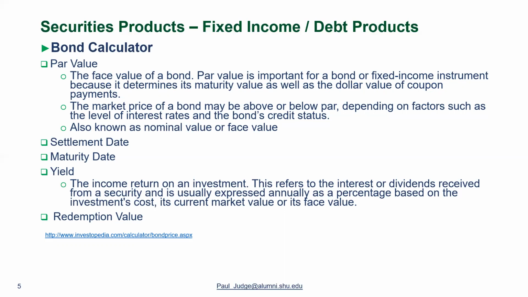And then there's the redemption value, what's going to be paid back at maturity. Now, I put a link in here to investopedia.com, calculator bond price, because as I've said earlier, it is very complicated. And I think Investopedia is a terrific source. And if you go there, you can get a more detailed description.